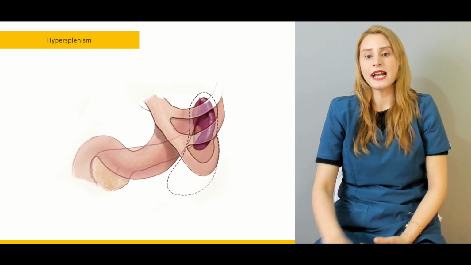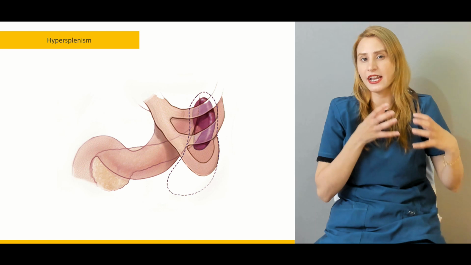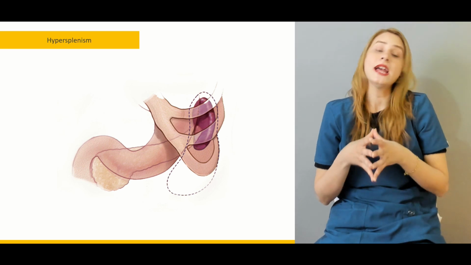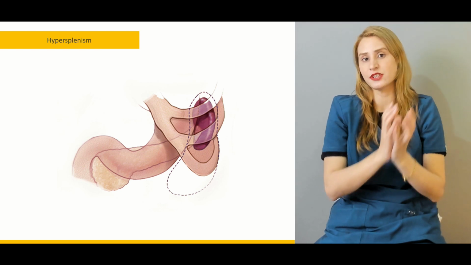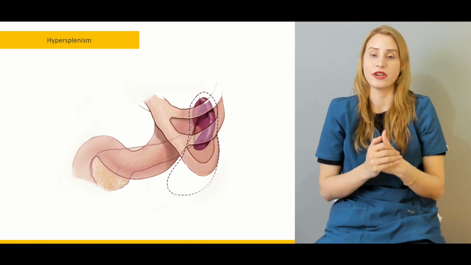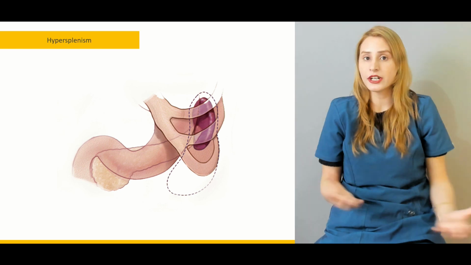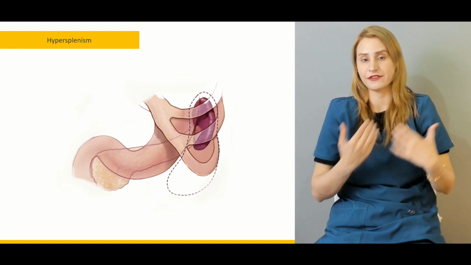Talking a little bit about the anatomy, we all know that the spleen is located in the left hypochondrium, and it occupies the space approximately at the level of the 9th and 10th rib. Plus, it's covered by the splenic capsule.